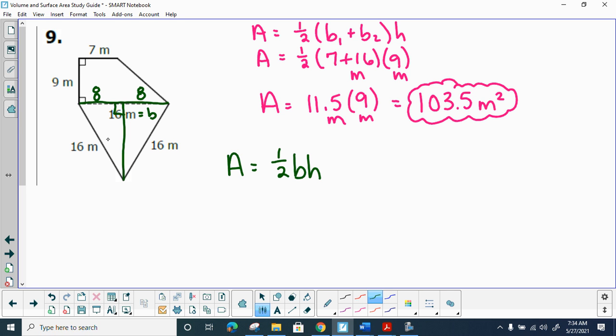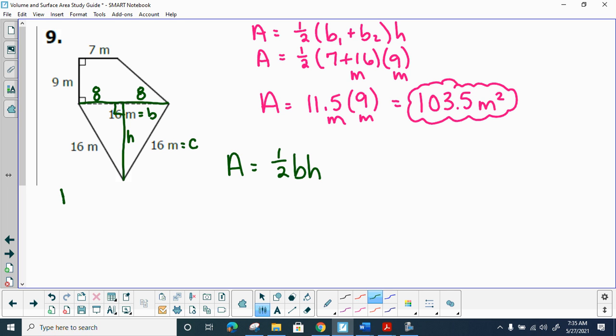And let's use one of those two right triangles that I've just made. The height of the whole triangle would be this length right down through the middle. Either one of these 16s could be the hypotenuse of that right triangle. So let's use the Pythagorean theorem to figure out the height.